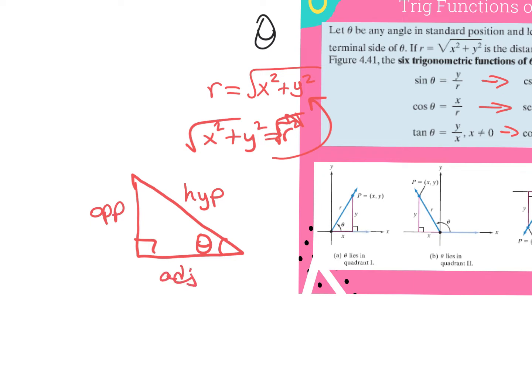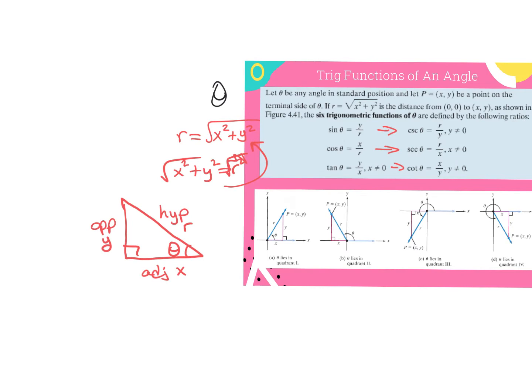And if I were doing sine, it would be opposite over hypotenuse. But now the opposite side is going to be the y value of our ordered pair, the adjacent is going to be x, and the hypotenuse is going to be the r value. So you're going to need to find some way to memorize these 6 trig functions.